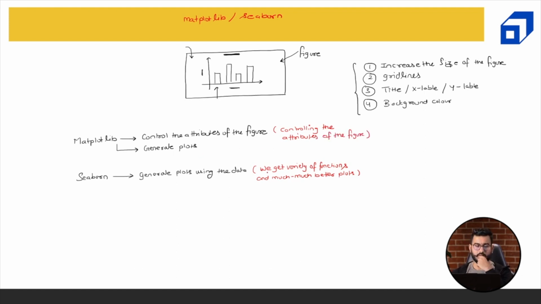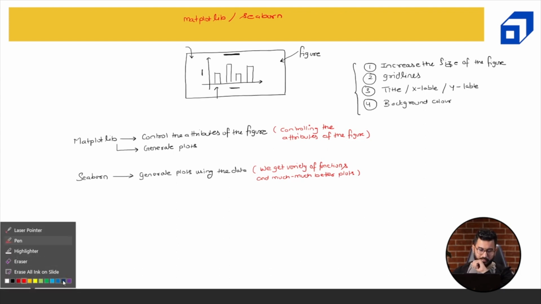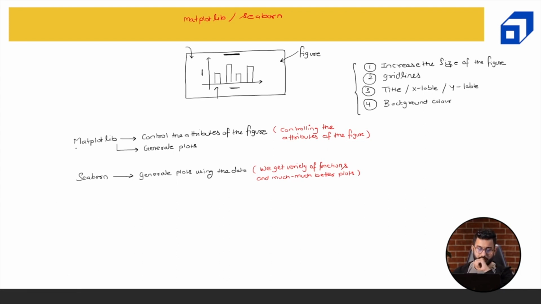Now this is what your Matplotlib library is. So in short, just to summarize, we use the Matplotlib library as a core library to control the attributes of the figure. We use Seaborn as a core library to generate plots from the data. And as you can see, on top of the figure, you can keep any number of plots, right?